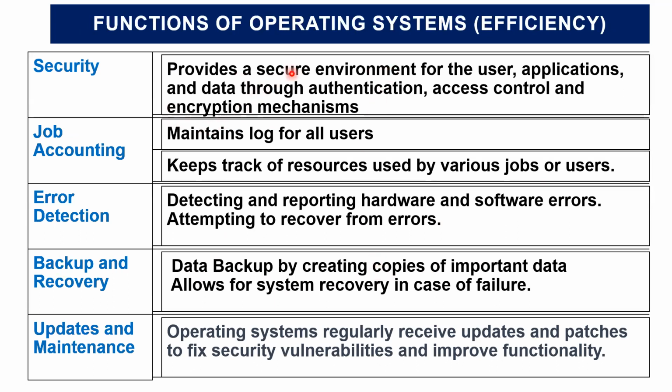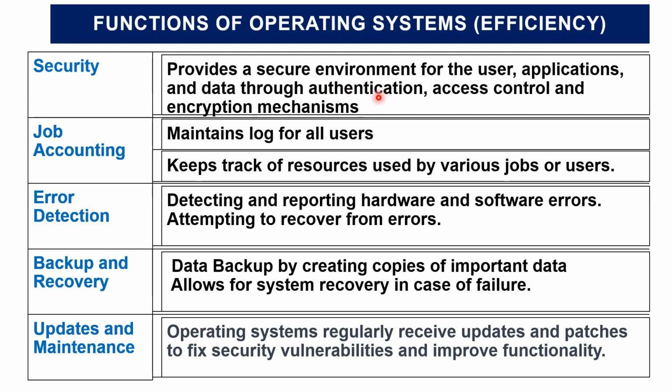The next set of functions comes under the category of performance and maintenance, which we can also call efficiency related functions. Here, in the beginning, we have security. The operating system provides a secure environment for the user, applications, and also for the data by using authentication. Whenever we try to use a computer, it will ask for the login and password.